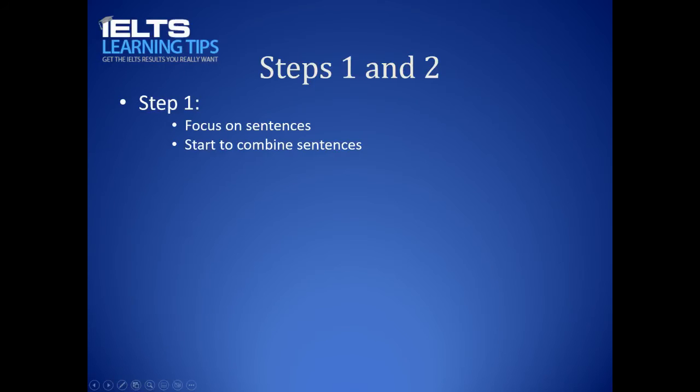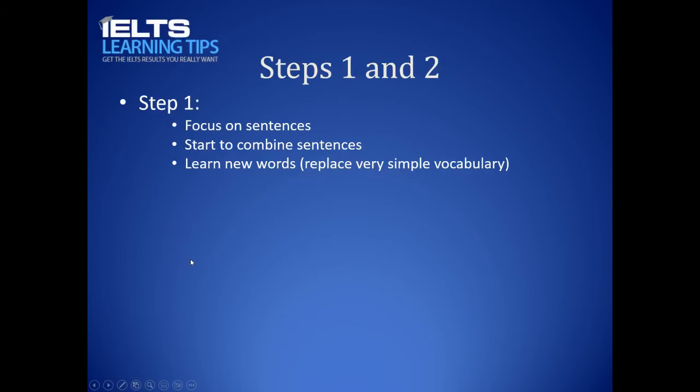And then once you're confident about writing individual sentences, you can start to combine them using simple linking words at first, and then you can use more sophisticated ones. I've had band 5 students using things like moreover and furthermore. It's not difficult to do that. So you can start there.